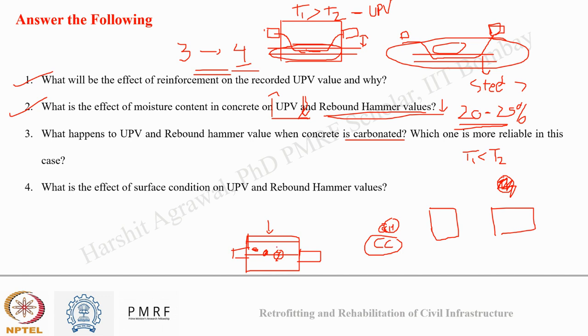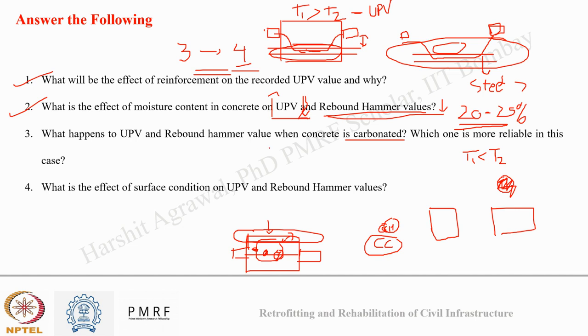So we may get a wrong prediction of the compressive strength of concrete, because rebound hammer gives us the surface strength of the concrete, not the bulk strength of the concrete. Now if my surface is carbonated, my strength will be higher as per the rebound number, but actually the strength was not that high. So rebound hammer may give an overestimated value when the concrete is carbonated.